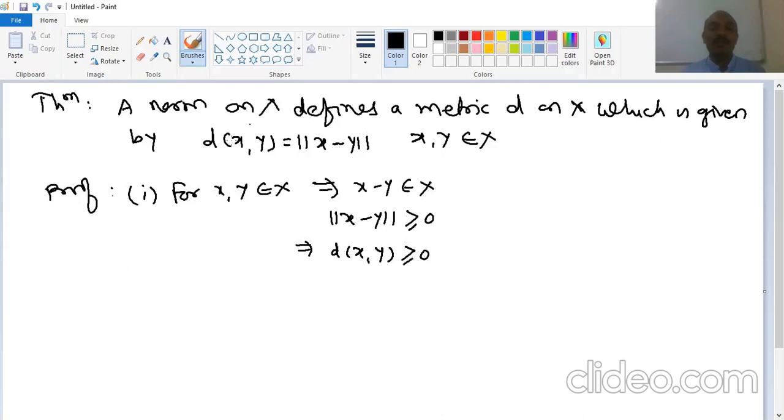By definition, norm of x minus y is d of x, y, so d of x, y is greater than or equal to 0. And this is nothing but the first condition of a metric. So this proves the first condition.